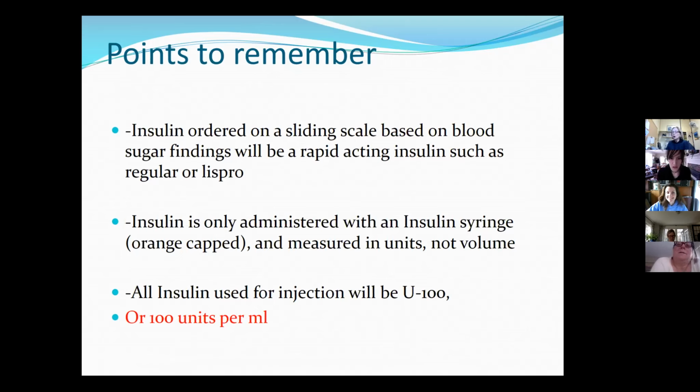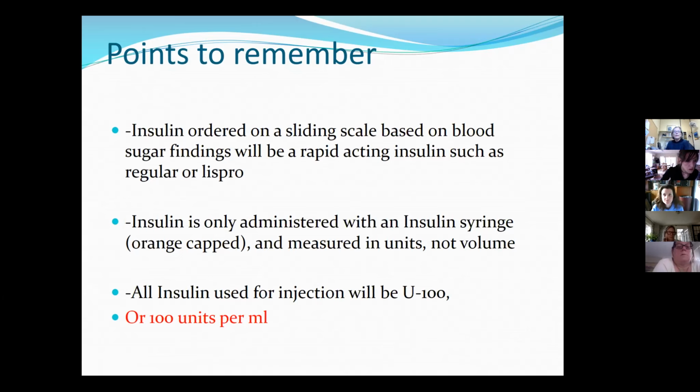So we have many patients in the hospital who are on what they call a sliding scale. We take their blood glucose level, and then the sliding scale gives us an order for how many units of the rapid acting insulin we are to administer to that patient.